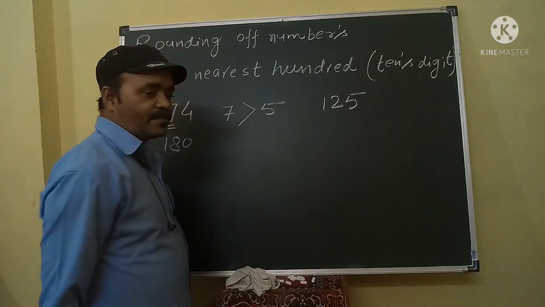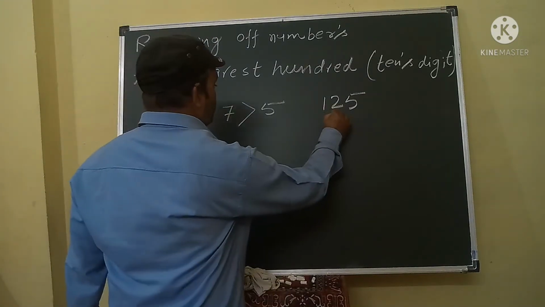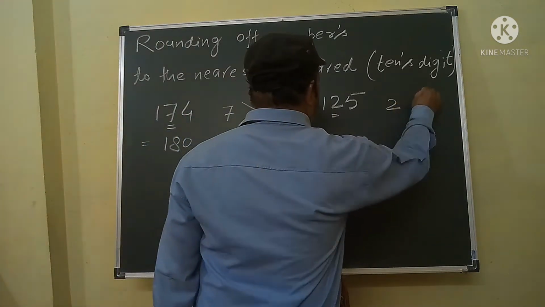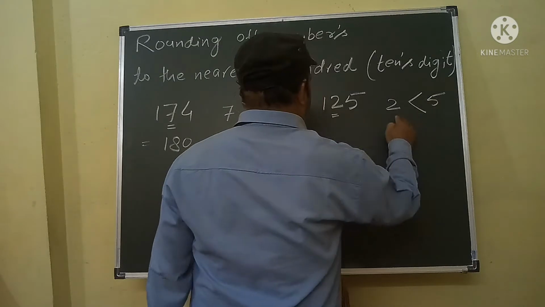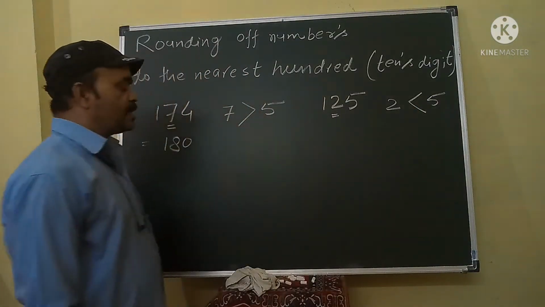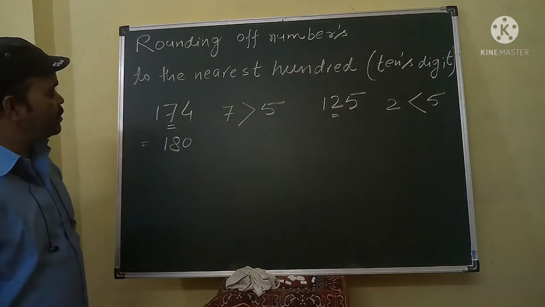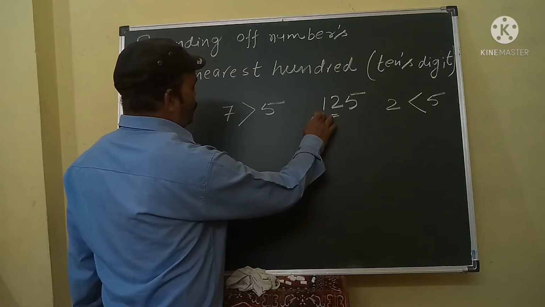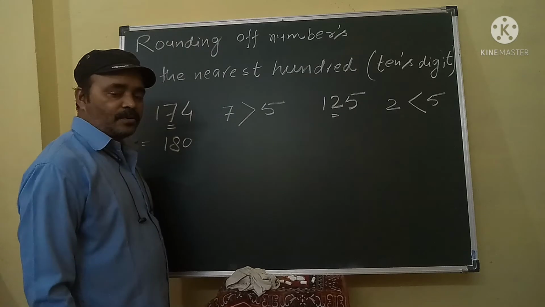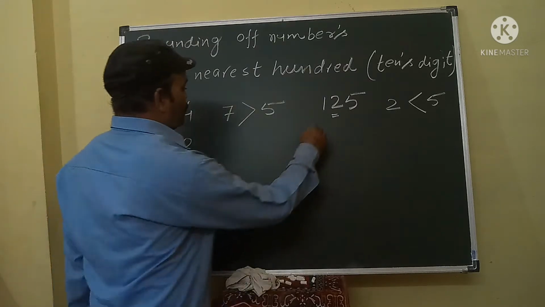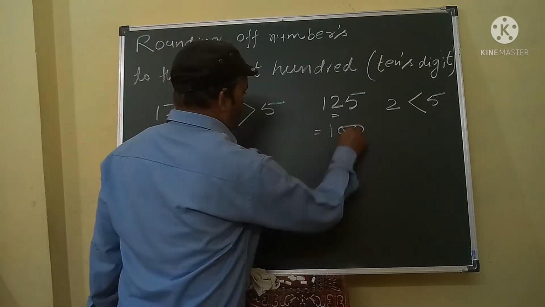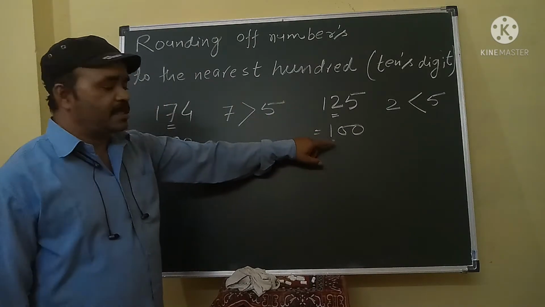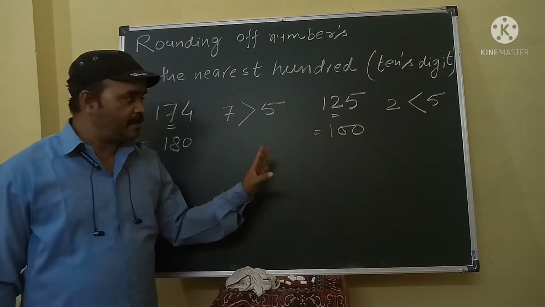In 125, the tens digit value is 2, and 2 is less than 5. In that condition, rounding of 125 is 100.